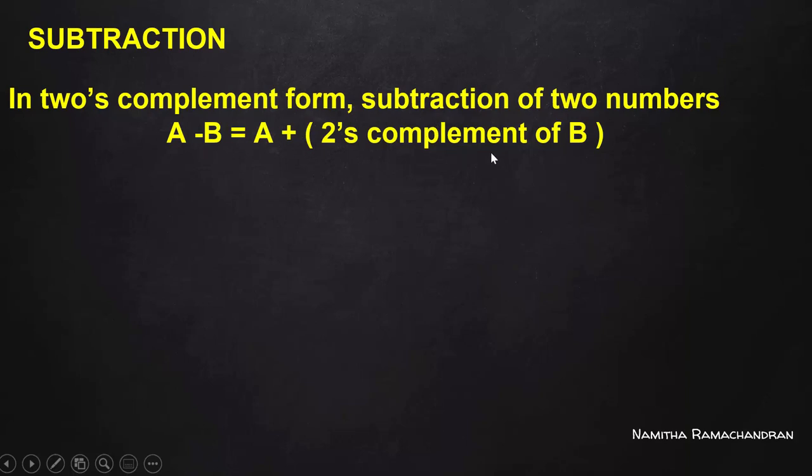This will generate the exact result of A minus B. If you are given two binary numbers and asked to subtract one from another, take the 2's complement of the subtrahend and add that value to the minuend. This will generate the exact result of A minus B.